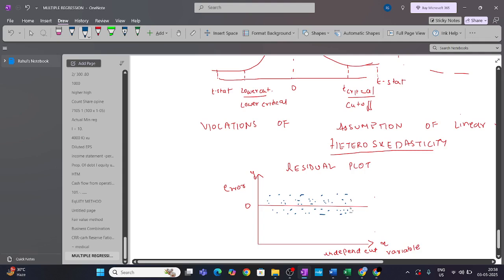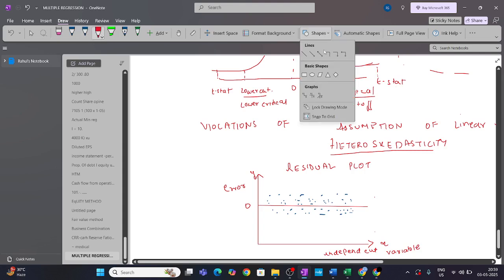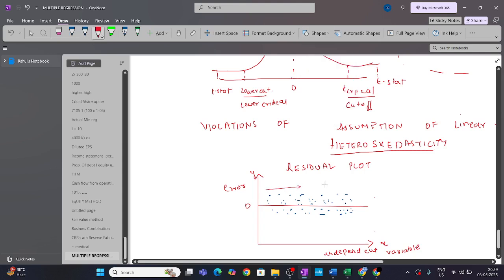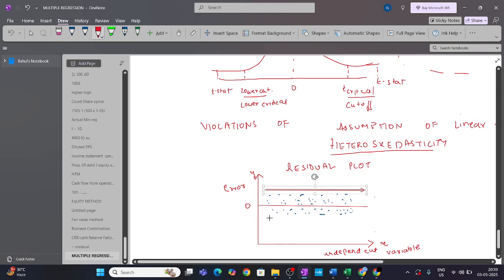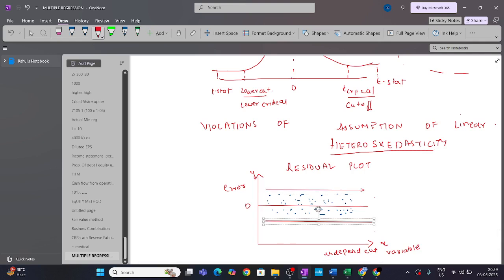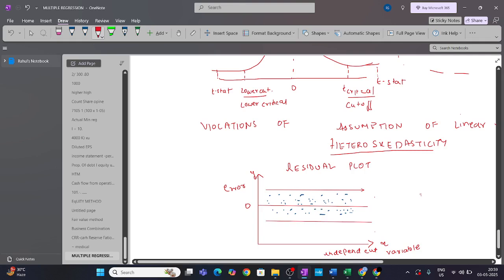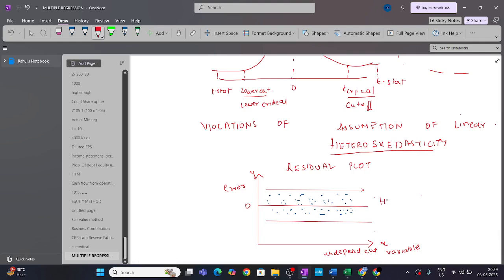Okay, so notice the error terms are within a constant range, right? They are within this constant range. They do not deviate from this range. This is what we want, right? In linear regression, this is known as homoscedasticity.